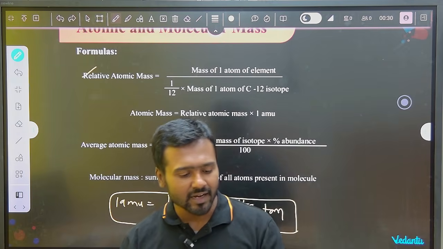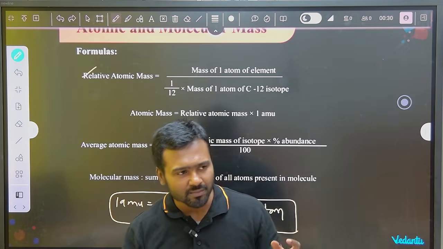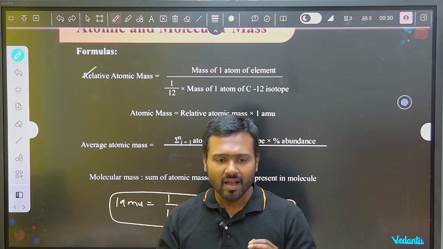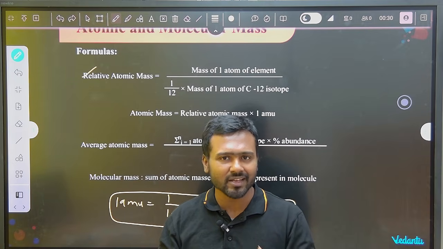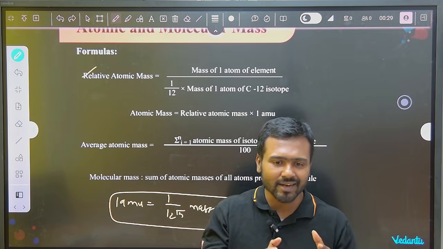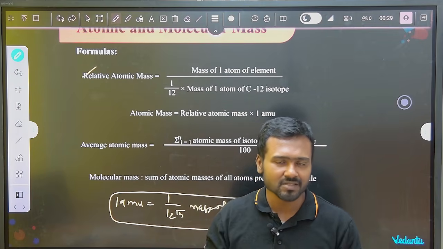Like that, relative atomic masses were given using the AMU. So one AMU is equal to 1/12th mass of a carbon-12 atom, and if any other atom's weight is 20 AMU, it means it is 20 times heavier than 1/12th mass of a carbon-12 atom. It's a relative mass.